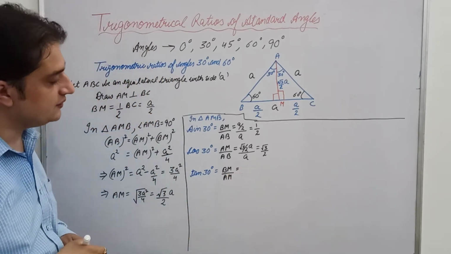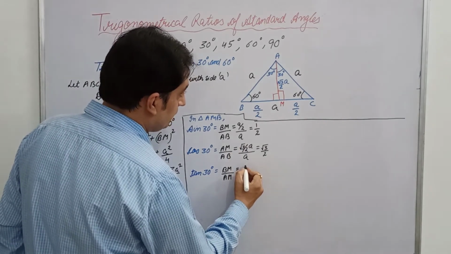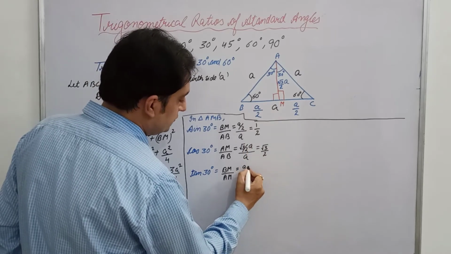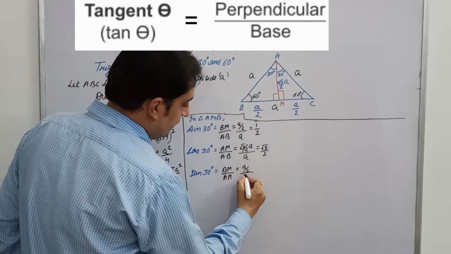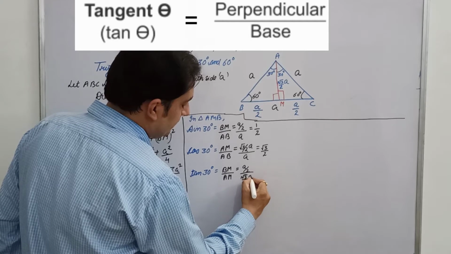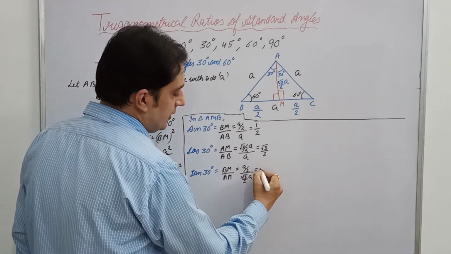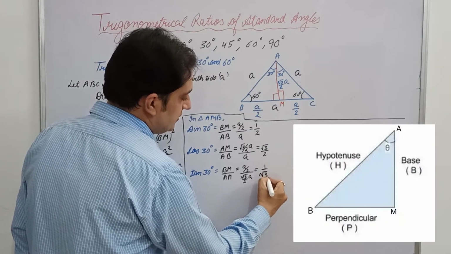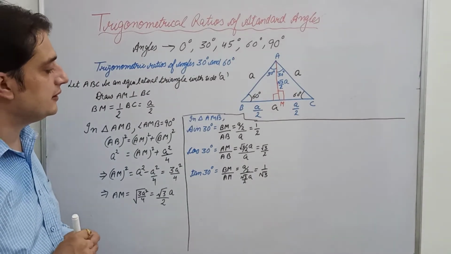BM is what value? That is A by 2, half of the side, and AM that we have found with the help of Pythagoras theorem is root 3 by 2 into A. So here 2 cancels out with 2, A cancels out with A, so the value is 1 by root 3. So this is the value of T ratio for tangent of angle 30 degree, right?